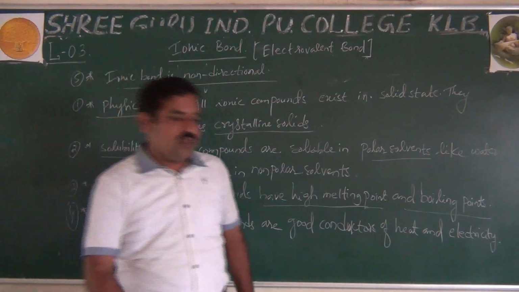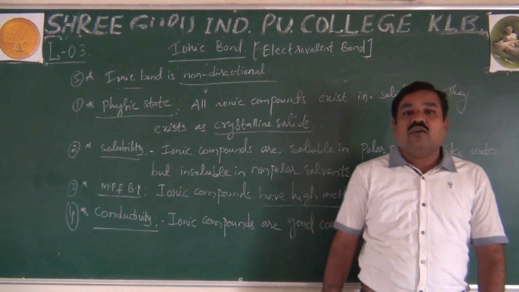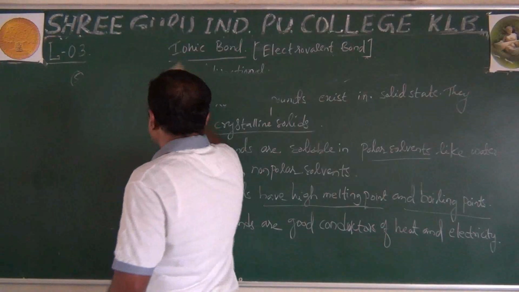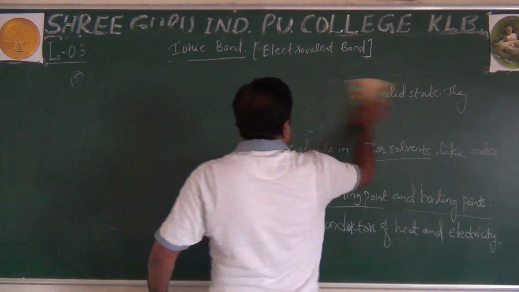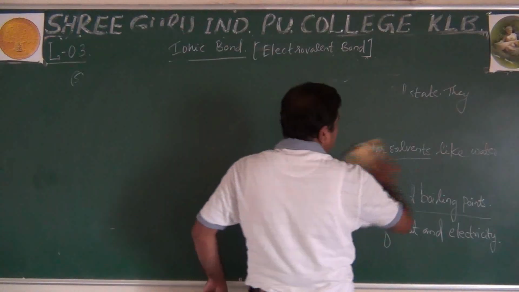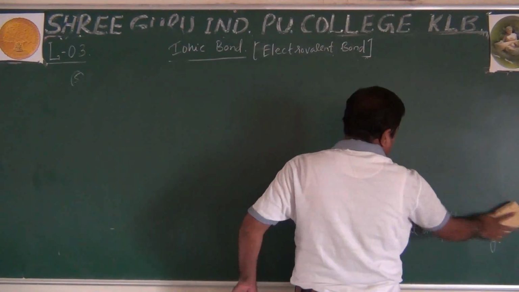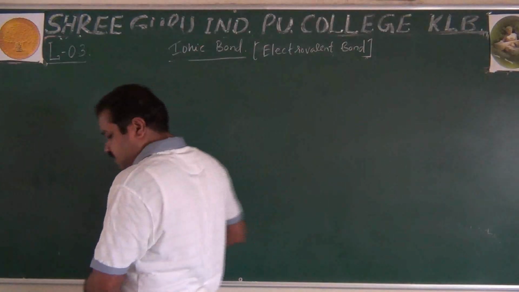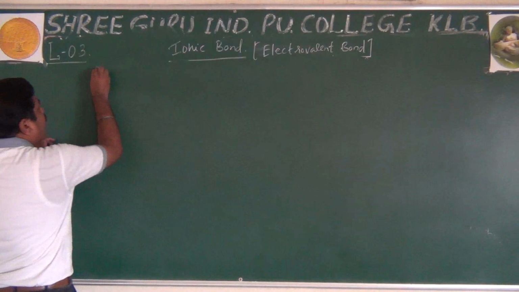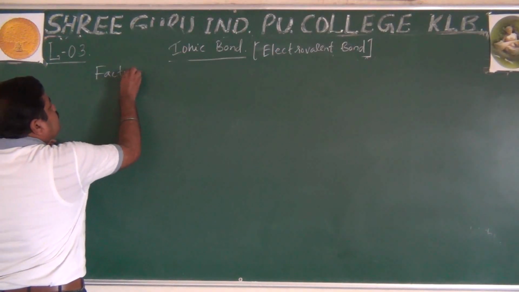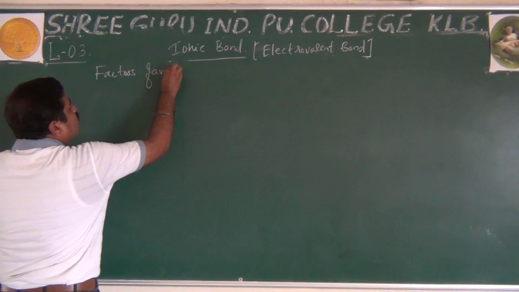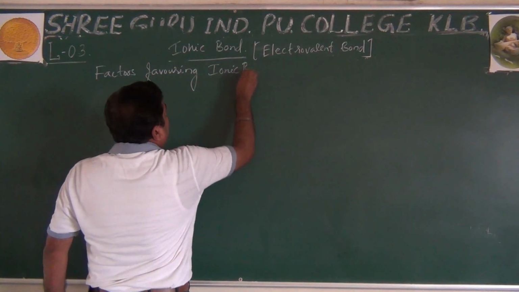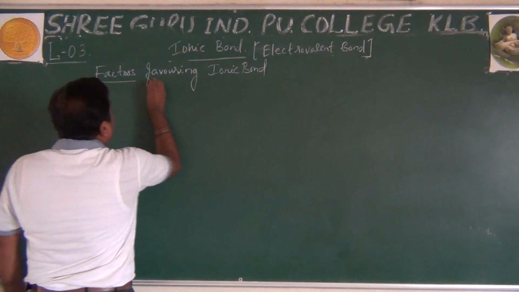Right. Now let us go for next one. Factors favoring ionic bond. Factors favoring ionic bond. After understanding definition, various examples, characteristics of ionic compounds, now it's a turn for factors favoring ionic bond.